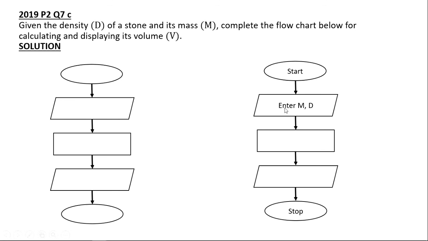So we are going to say enter M and D. Under the processing, we are going to say volume is equal to mass over density. So where you have over, you have to put your backslash. So we'll say V is equal to M backslash D. Then we'll say display V and then stop.